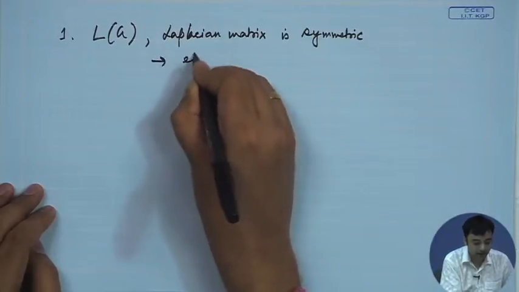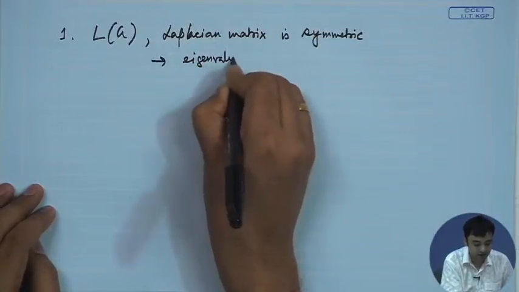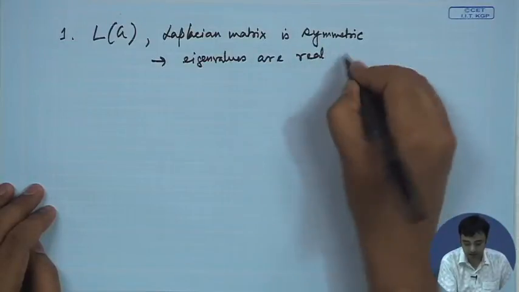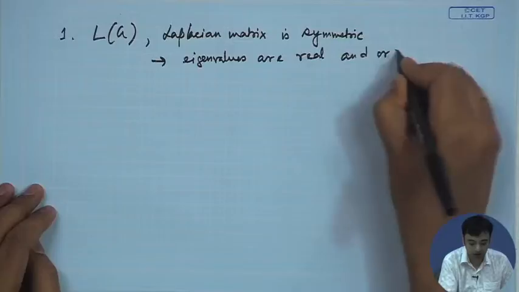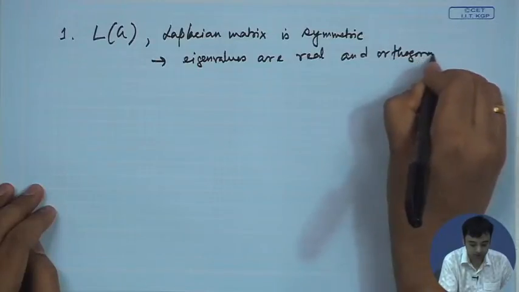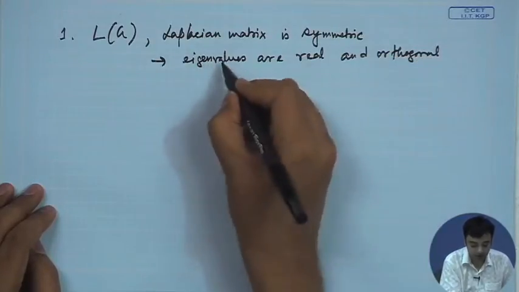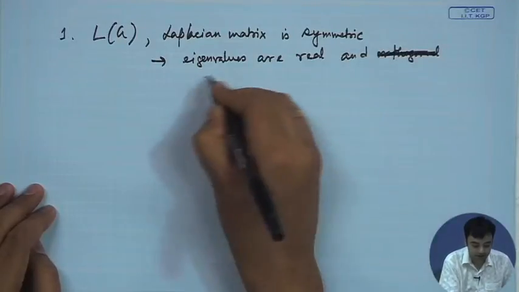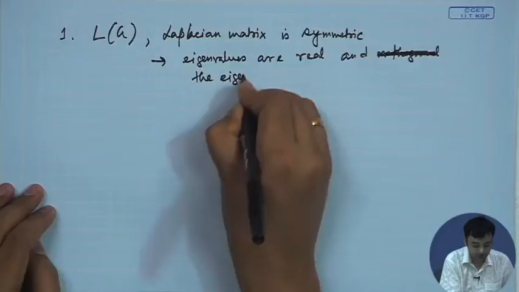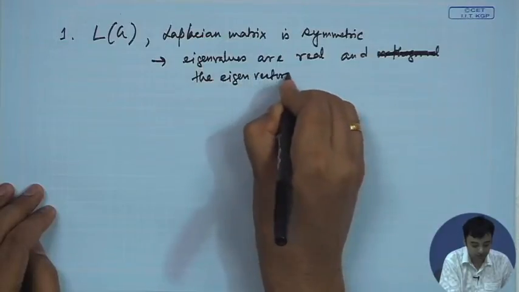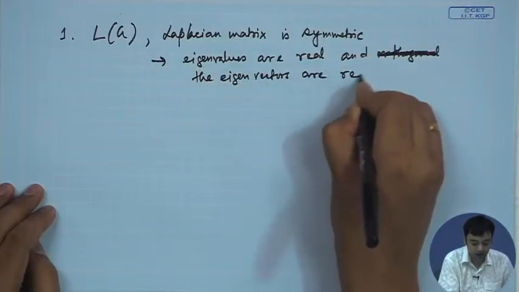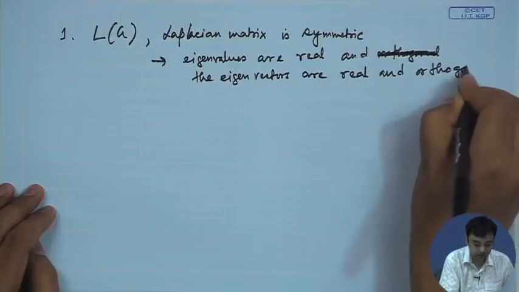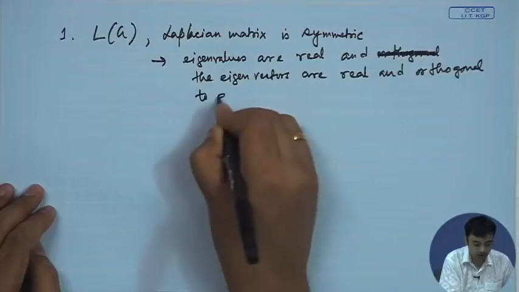Therefore, its eigenvalues are real, and the eigenvectors are real and orthogonal to each other.